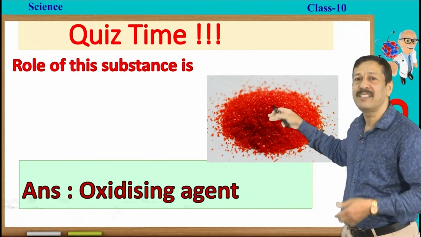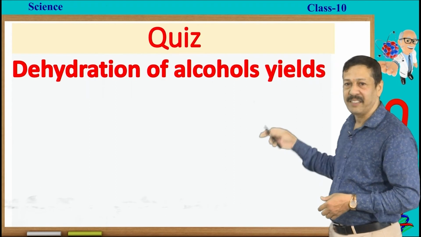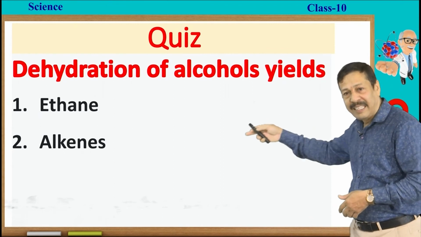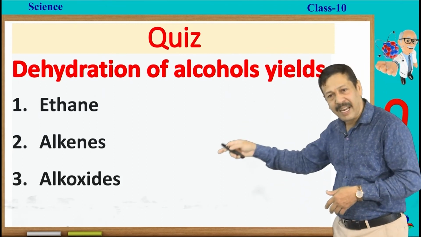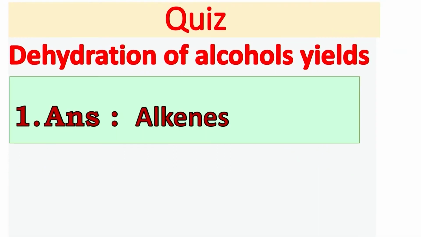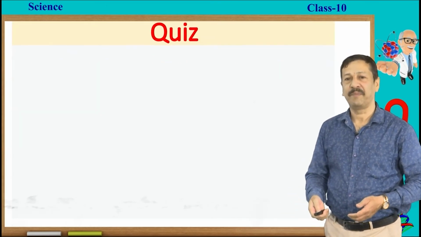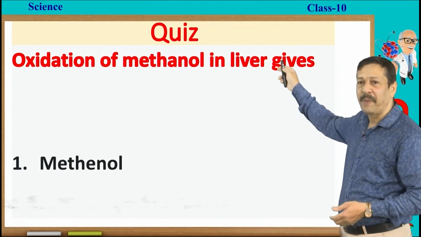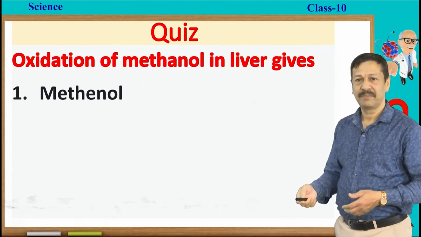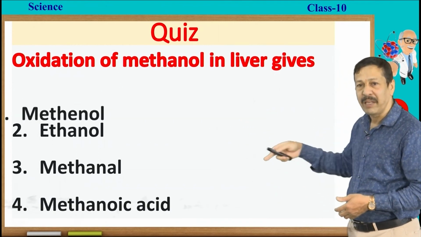These are potassium dichromate crystals. Now, the next question: dehydration of alcohol yields ethane, alkenes, alkoxides, or sodium methoxide. What is the answer? The answer is alkenes. Next question. Oxidation of methanol in the liver gives methanol, ethanol, methanal, or methanoic acid.